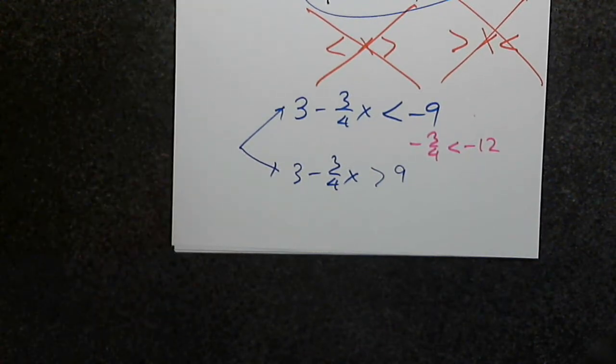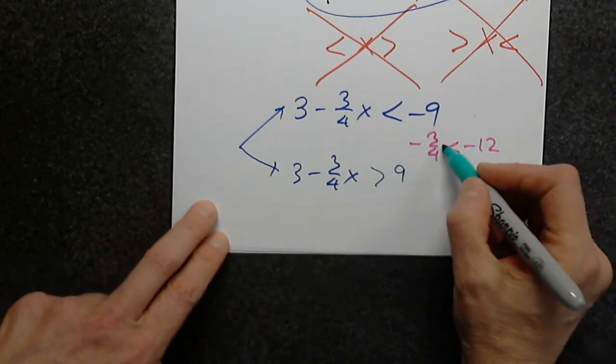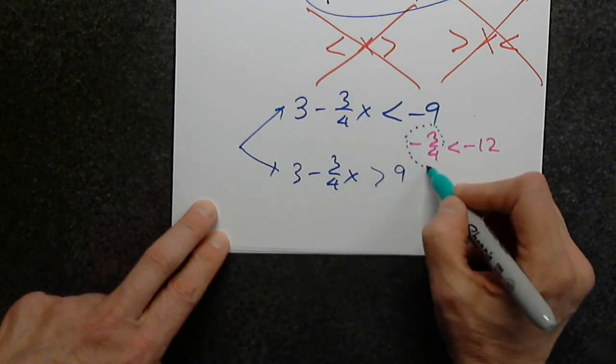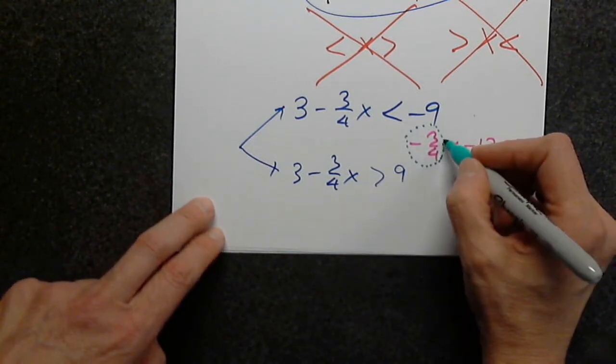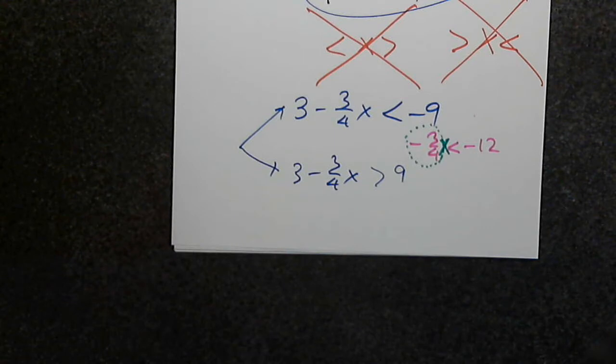And then what do I want to get rid of as the final step in solving for x? How do I get rid of this? What do I need to multiply both sides by to get rid of negative 3/4?